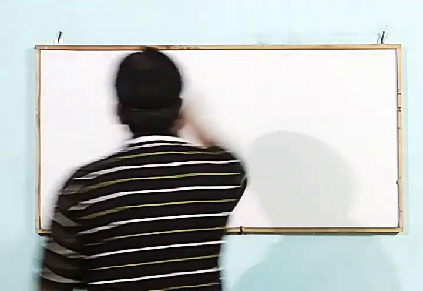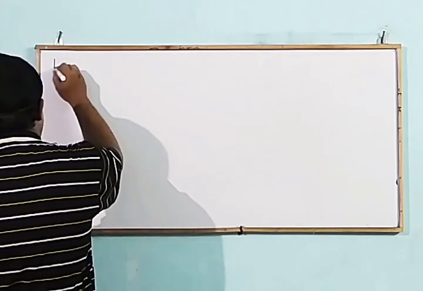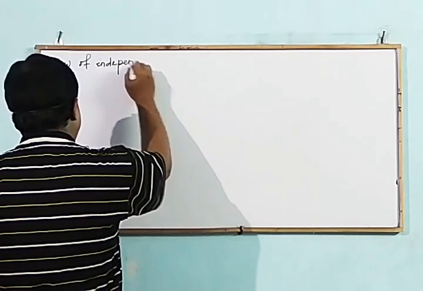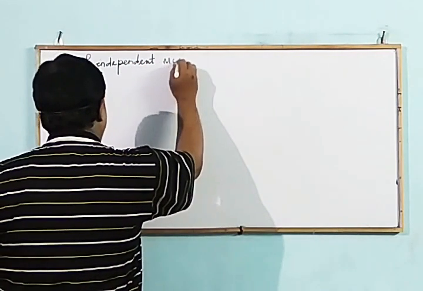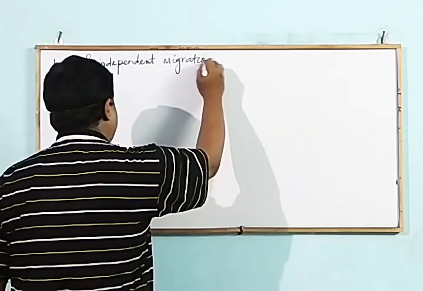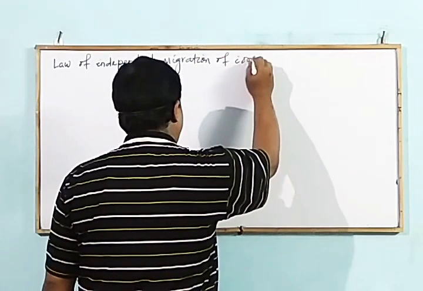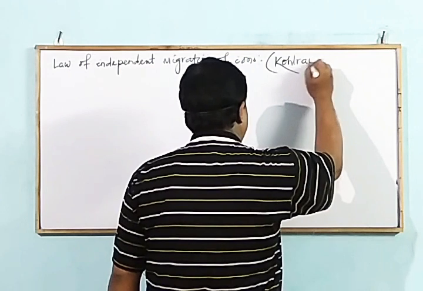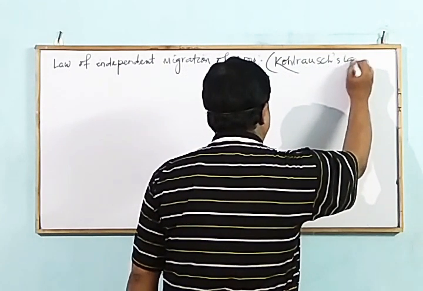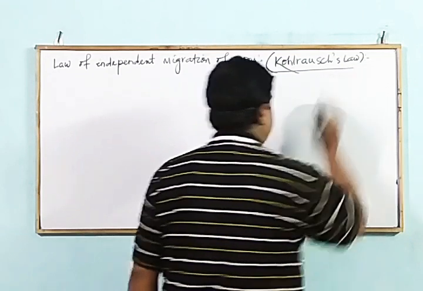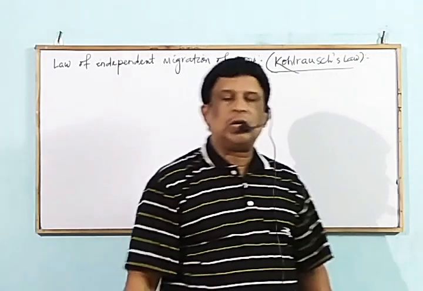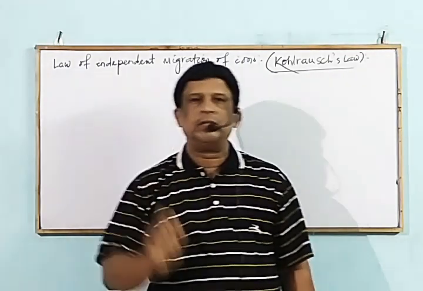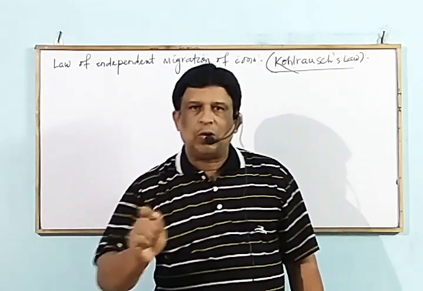Next is the law of independent migration of ion, otherwise known as Kohlrausch's law. What is this law? This law states that the limiting molar conductivity of a weak electrolyte.